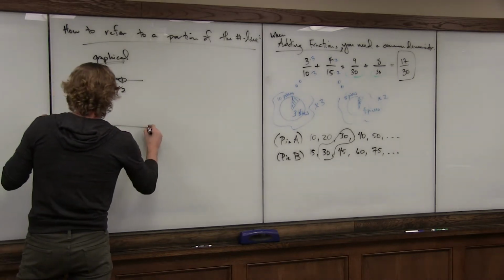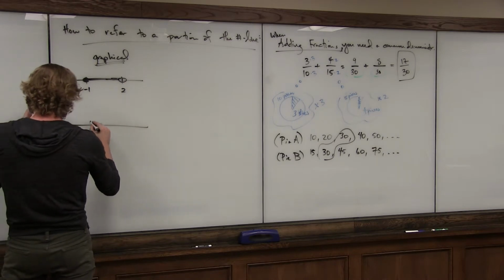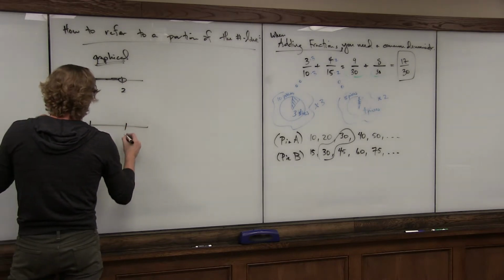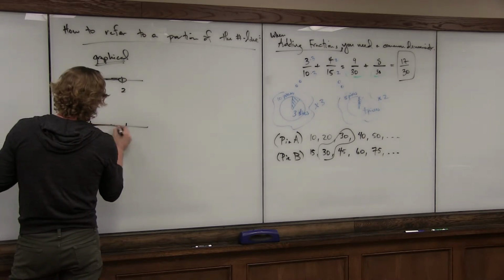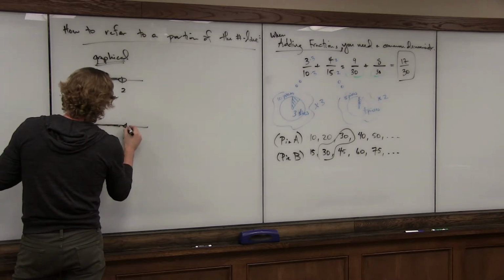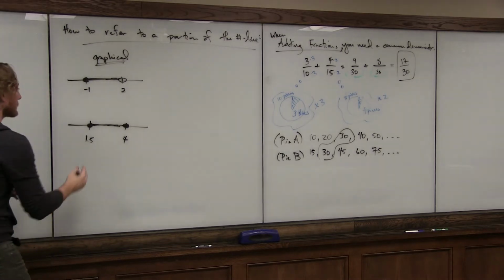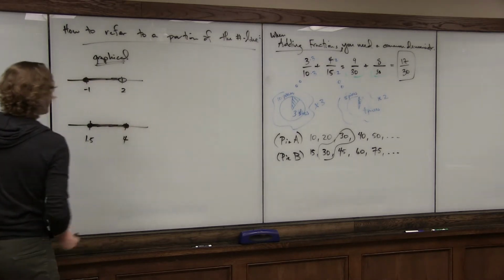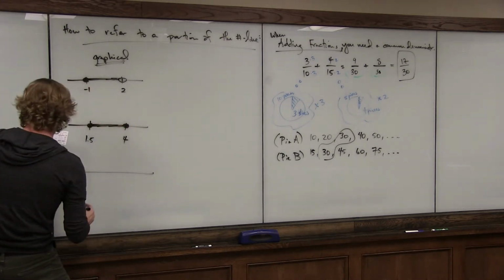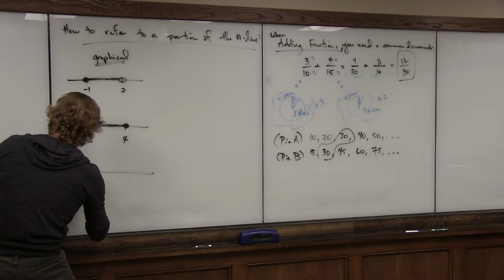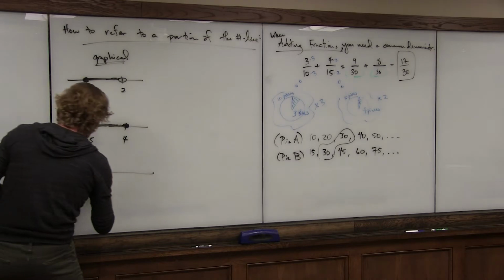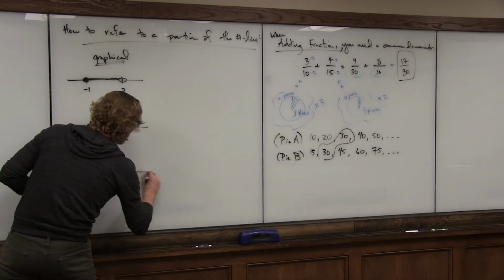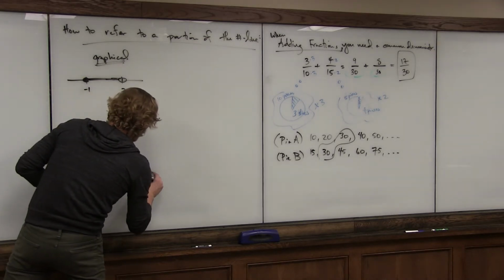Let's draw another example. This is a region of the number line between 1.5 and 4. Here we're going to include 1.5 and we're going to include 4. And in this last example, we're going to go from -3, not including -3, draw a circle around it to say that we're not including -3, but we are going to include everything to the right of that.